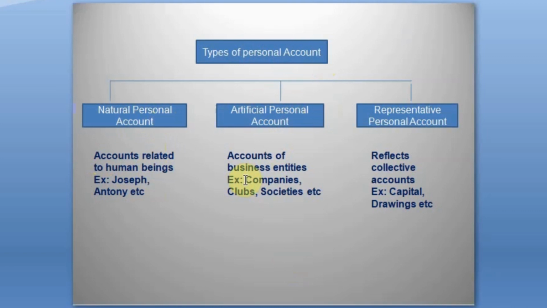So, accounts of companies, clubs, societies and organizations are covered in artificial personal account. Lastly, representative personal account. Accounts other than natural personal account and artificial personal account are categorized under representative personal account. It reflects collective accounts such as capital account of a proprietor, drawings, outstandings, liabilities, etc.